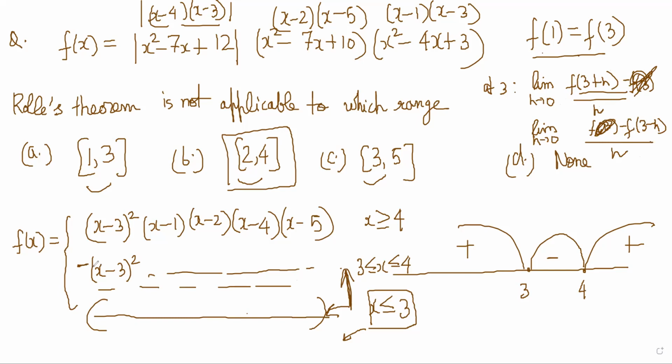F of 3 plus h here will be h minus h square, and 3 plus h minus 1 will be 2 plus h, and 1 plus h, and minus 1 minus h, 3 plus h, so minus 1 plus h and minus 2 plus h, right? By h. So h remains and the limit becomes 0.